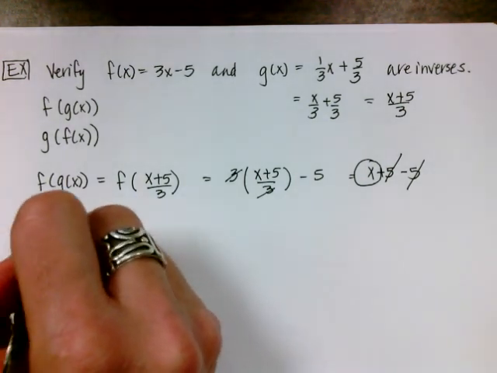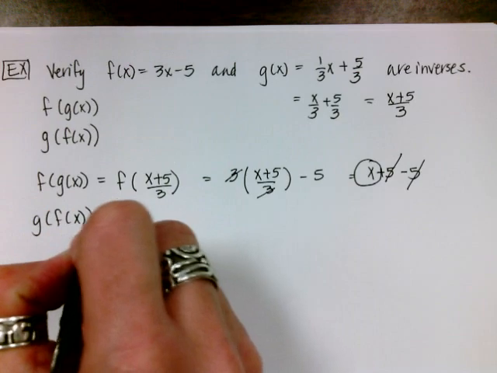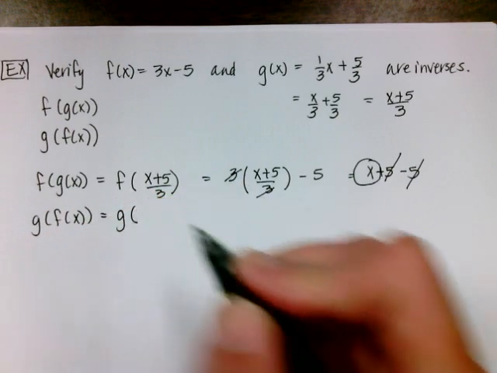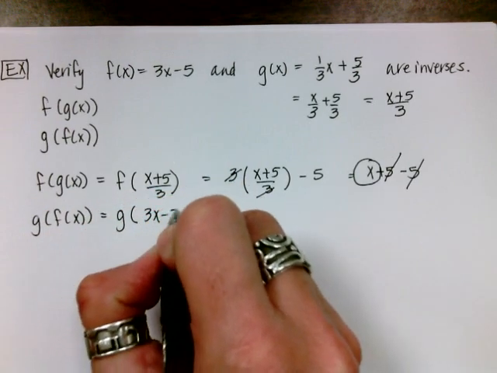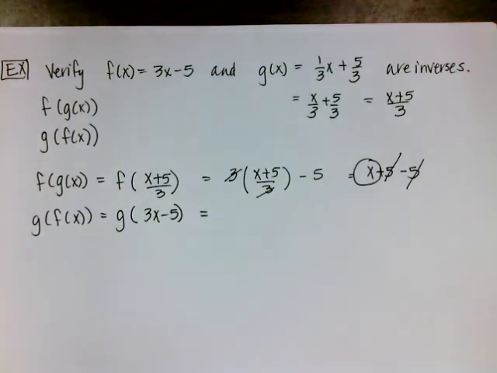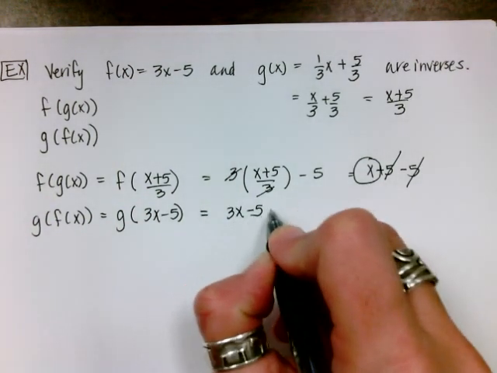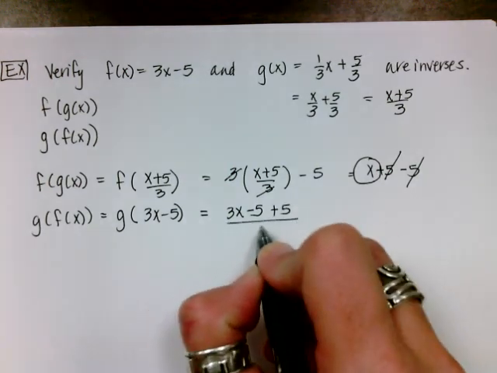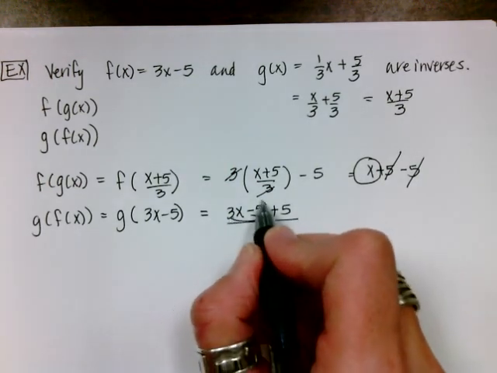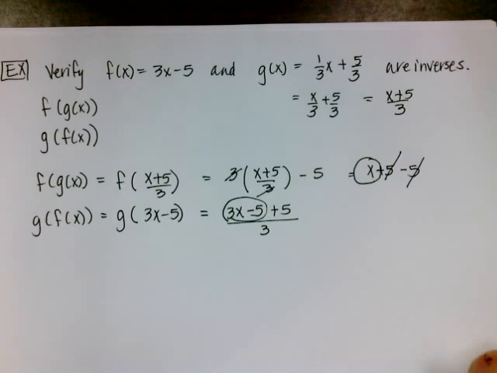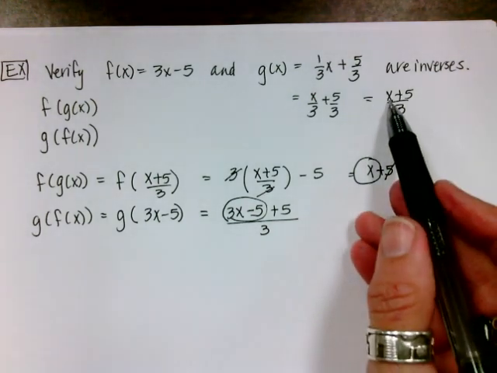So now I'm going to do g of f of x. Okay, so I'm going to start with f of x, which was the 3x minus 5, and I'm going to substitute it into g, so I'm going to have 3x minus 5 plus 5 all over 3. And remember, this piece right here is the x that I substituted into that equation.